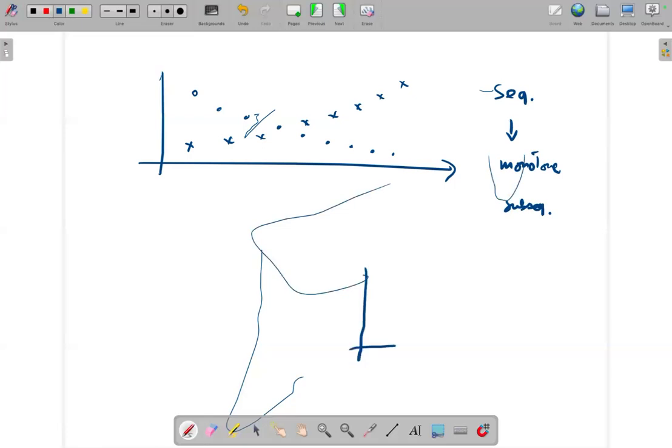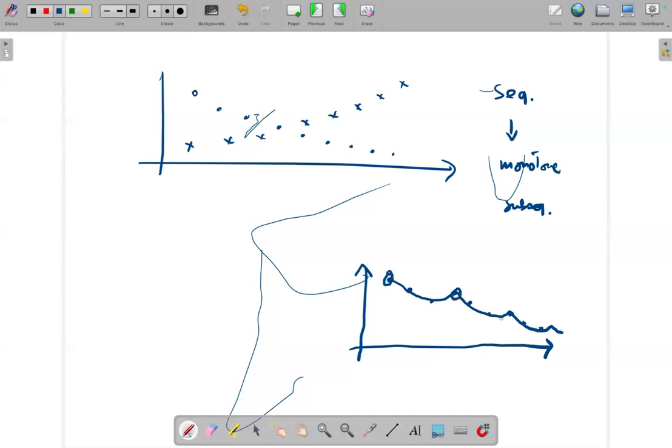Okay, let's assume that my sequence is not monotone. What do I mean by this? I have a point here, a point here, a point here, then it again increases. It's not monotone, right? Then it decreases, then again increases, then decreases. So it may be possible that my sequence follows some trend. What trend? It has certain peaks.